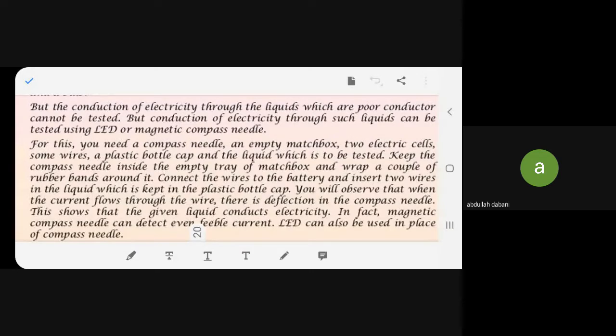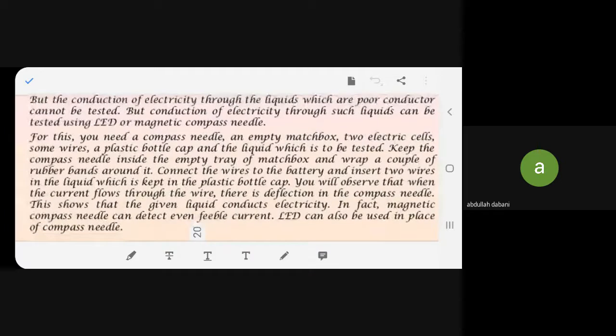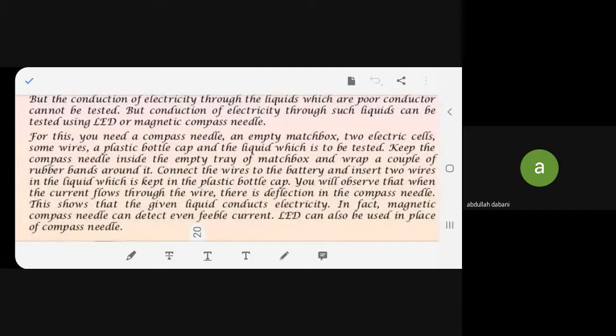For this, you need a compass needle, an empty matchbox, two electric cells, some wires, a plastic bottle cap, and the liquid which is to be tested. Keep the compass needle inside the empty tray of the matchbox and wrap a couple of rubber bands around it. Connect the wires to the battery and insert two wires in the liquid which is kept in the plastic bottle cap.